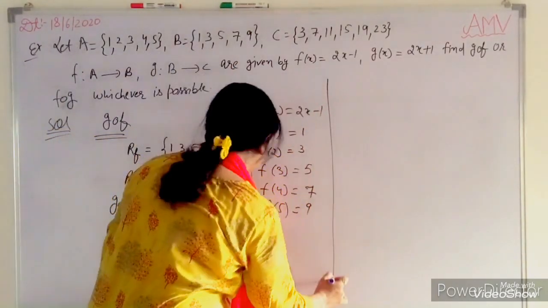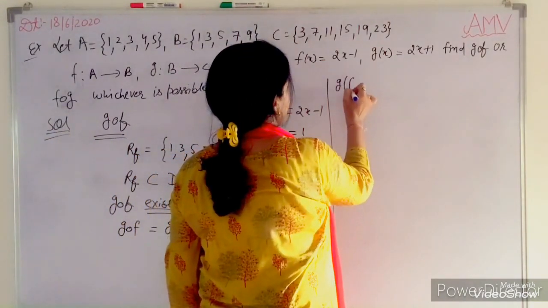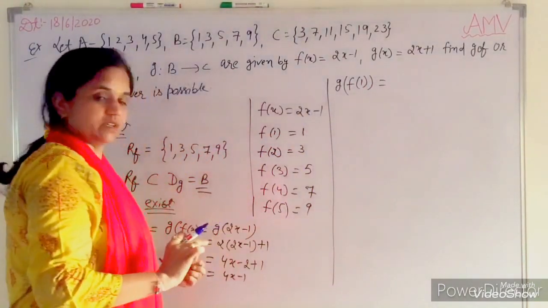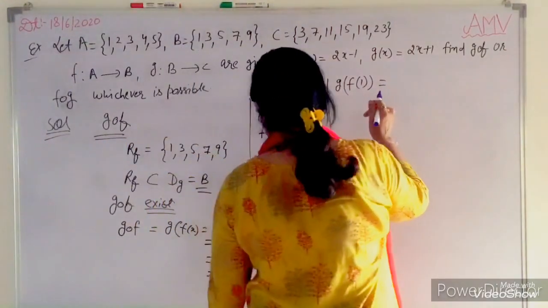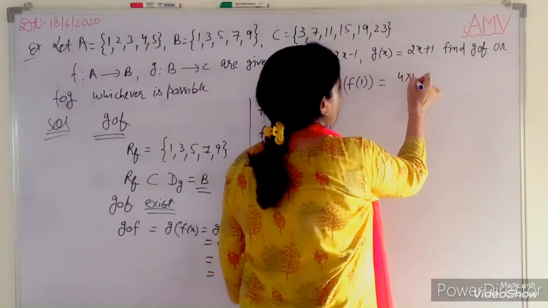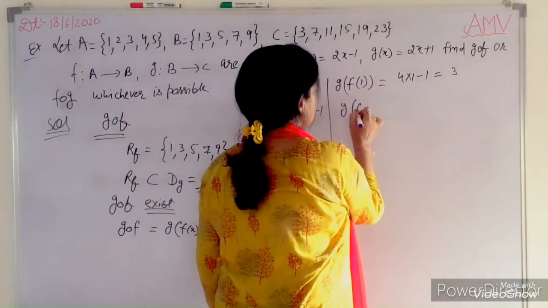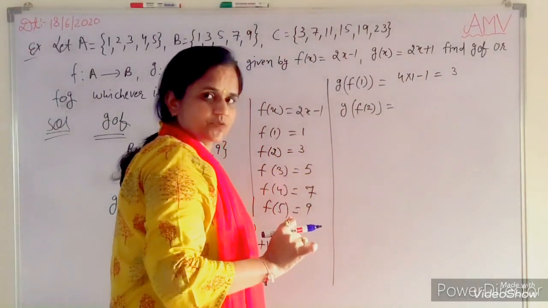Now for gof(1), okay, from here I am taking the values. gof(1) is 4 into 1 minus 1, it's 3. And now gof(2): substitute the value of x here, student.